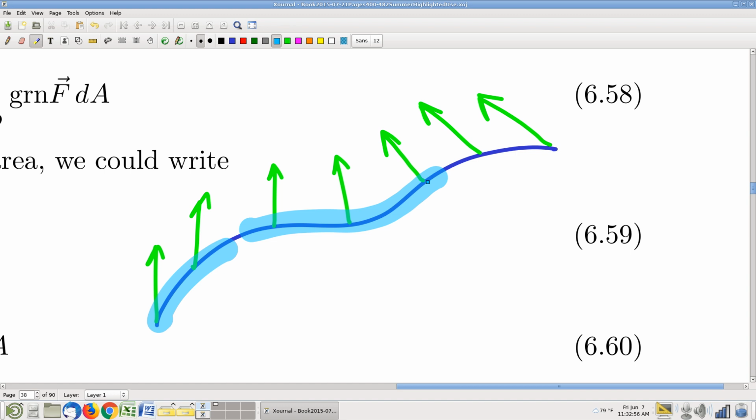But then lastly, over here, if we're going to the right, my intention is this curve is oriented to the right, then here the fluid is actually flowing backwards along the curve. Right?